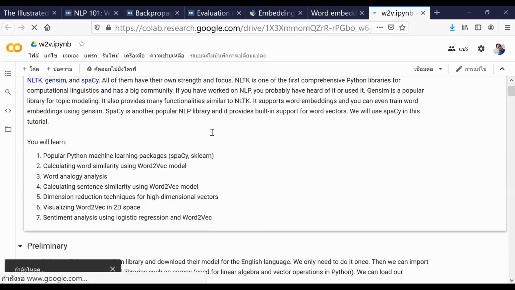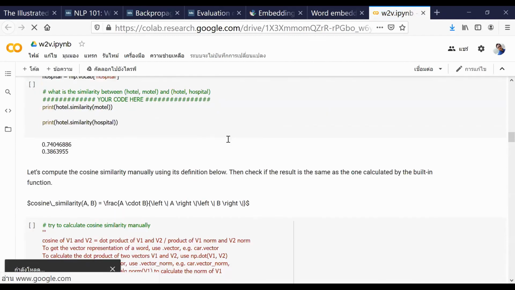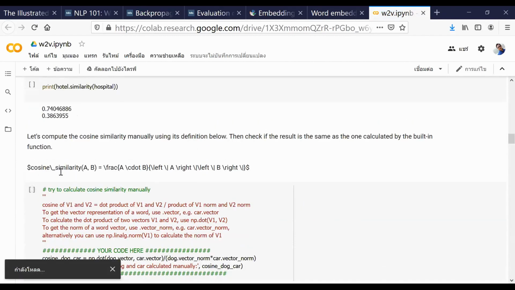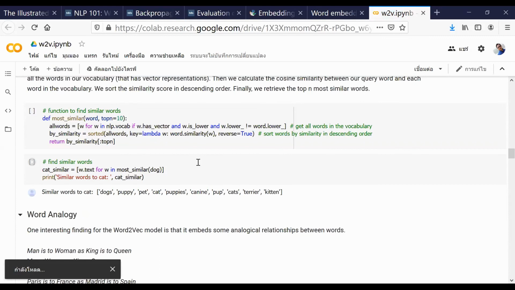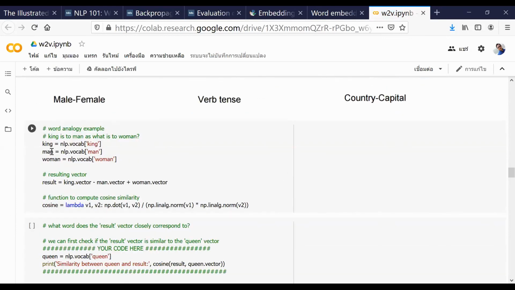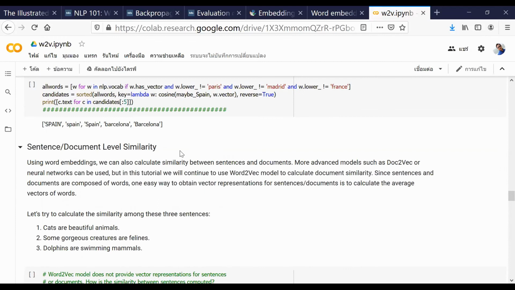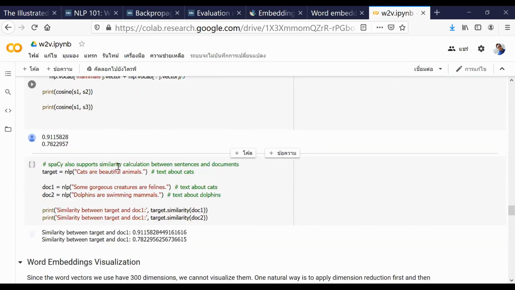Yes, loading, application tutorial. Okay, so you can, yeah, good. Yeah, vector similarity. Excellent. See. Yeah, king equals vocab king, right? And then subtract. Good.